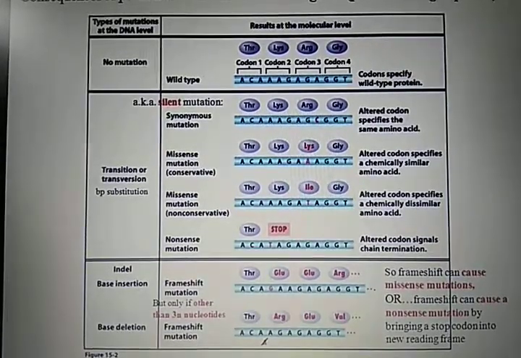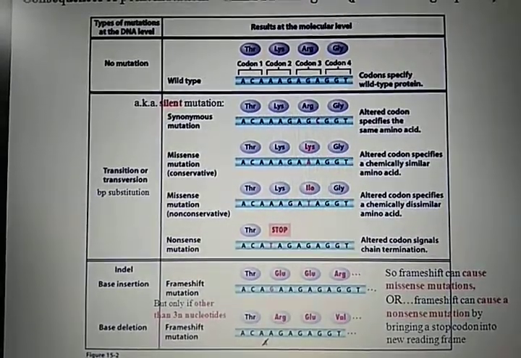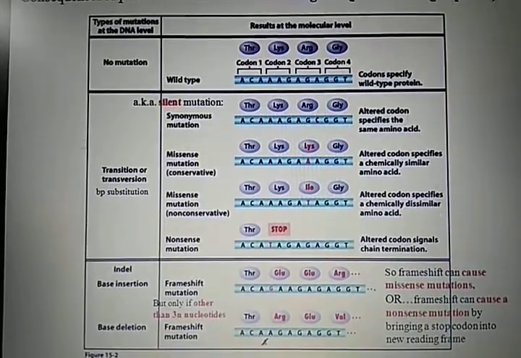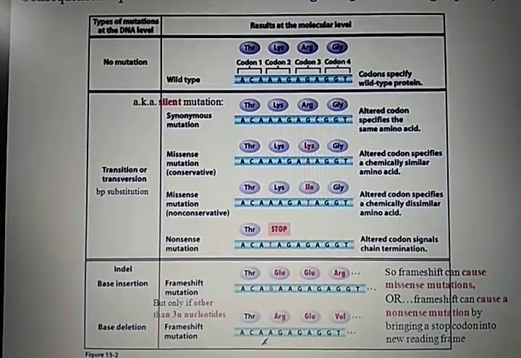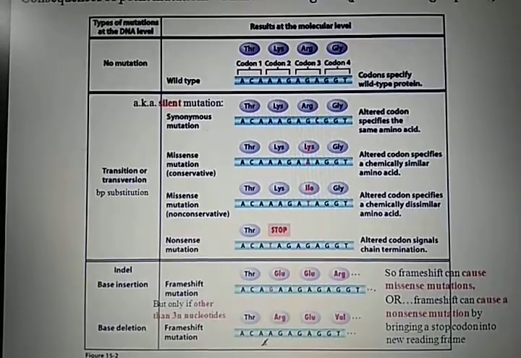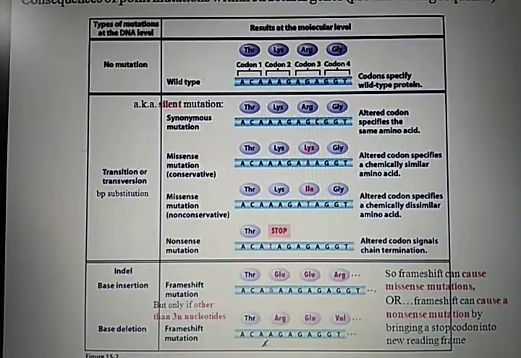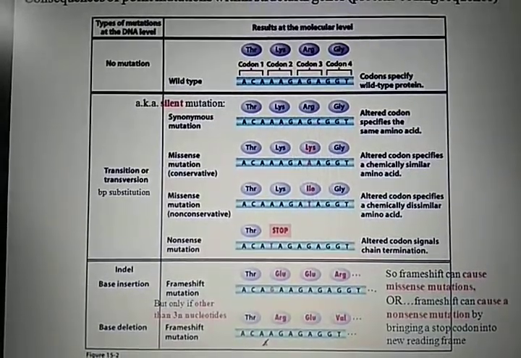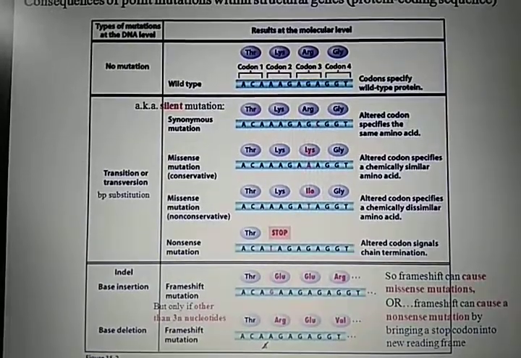Basically, gene mutation can be categorized into two broad groups: base pair substitution and frame shift mutation. Base pair substitution is again classified as transition or transversion, while frame shift mutation is classified into insertion and deletion. So, let us understand each of them one by one.